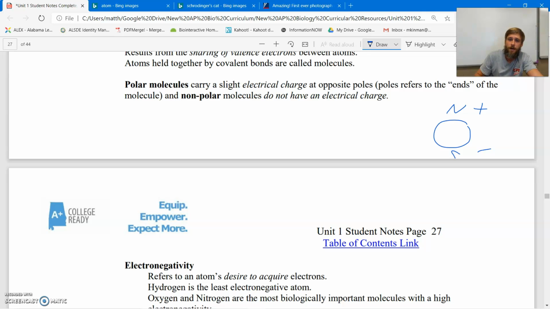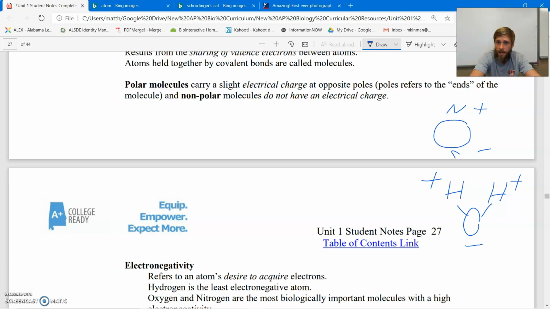Now, the most popular polar molecule is H2O, water. So around the hydrogens is a very positive region. Around the oxygen is a very negative region. Oxygen is a very electronegative element.